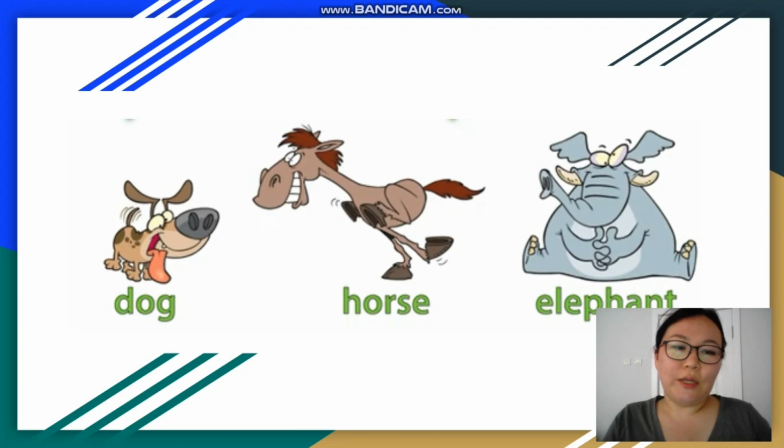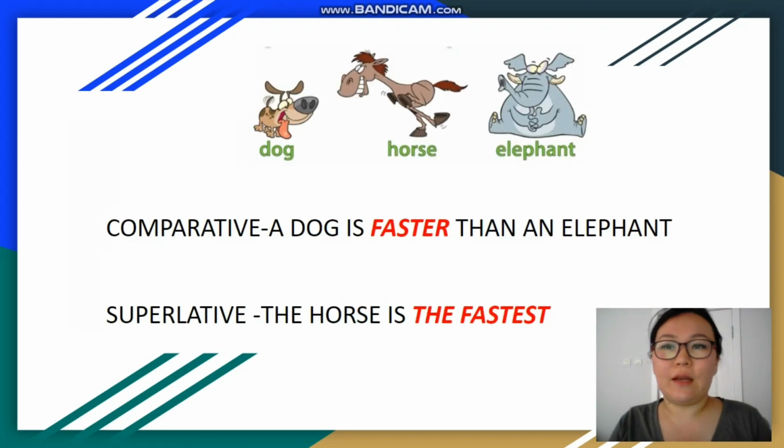Next, we see three animals. Here we have three animals: dog, horse, and elephant. Now, how can we compare these three animals? Let's compare the dog and the elephant with the adjective fast.